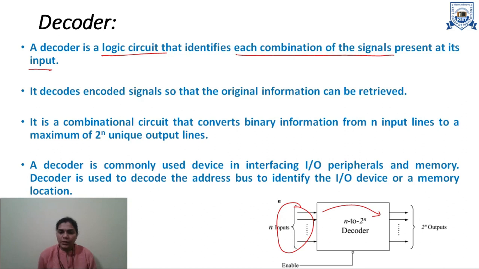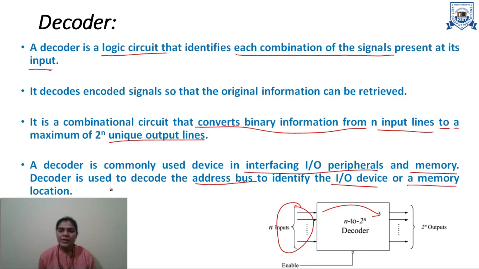So a decoder is used when we want to convert binary information from n input lines to a maximum of 2 to the power n unique output lines. Commonly, a decoder is used in interfacing I/O peripherals and memory. A decoder is used to decode address buses to identify whether it is an I/O device address or a memory location address.